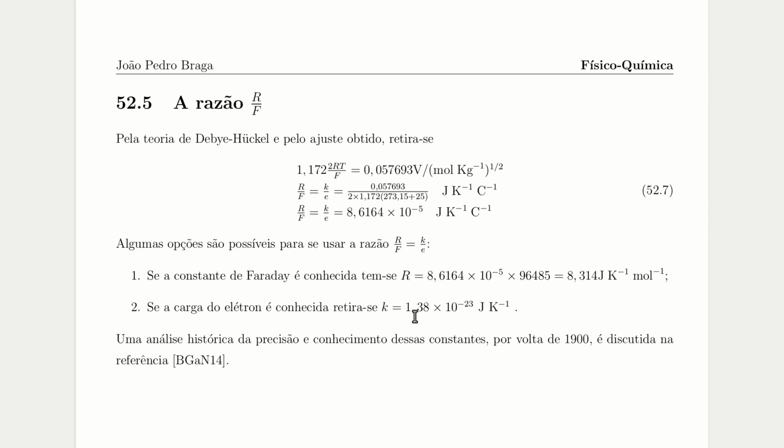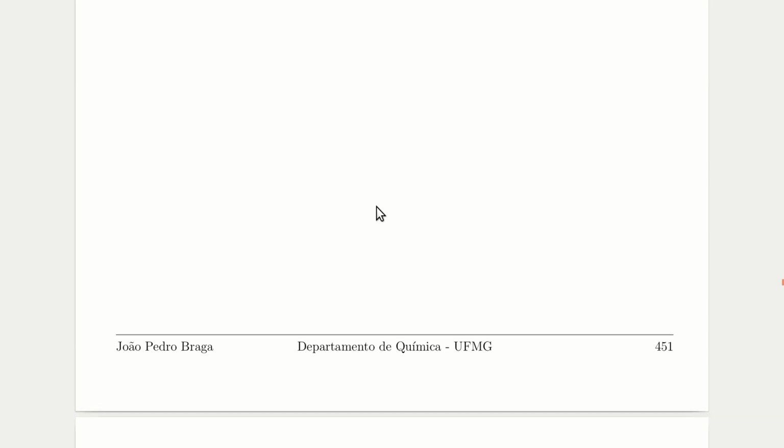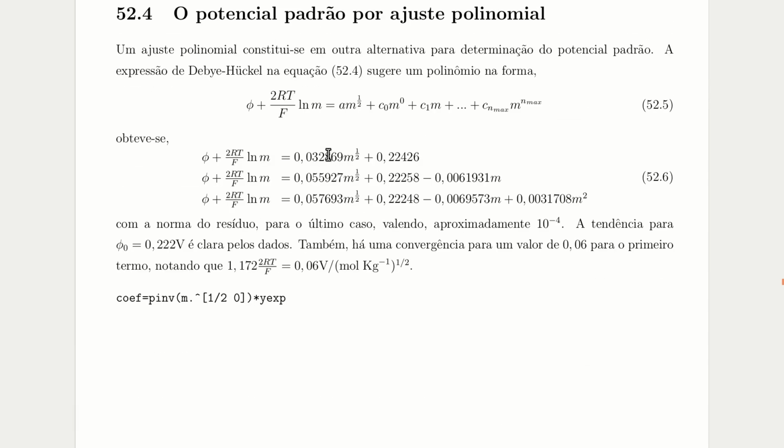There is a side remark I would like to make about this number here. Under the Debye-Hückel approximation, I get 0.06, but under this fitting procedure, which is very good, I got 0.057.